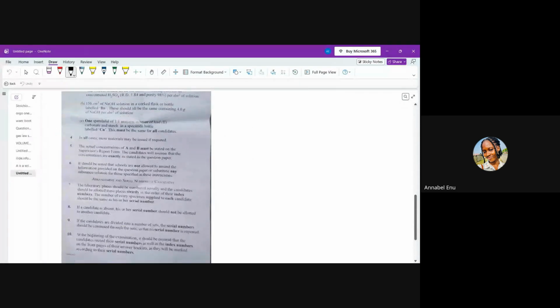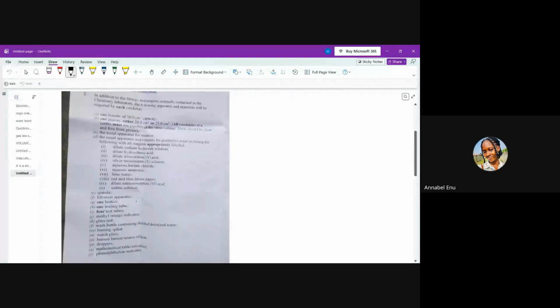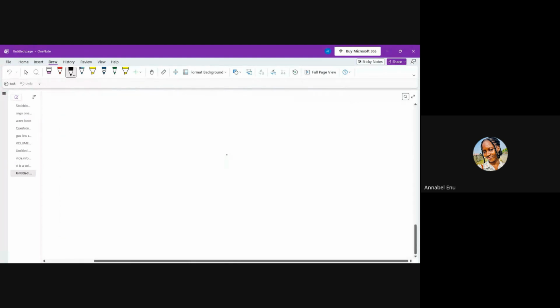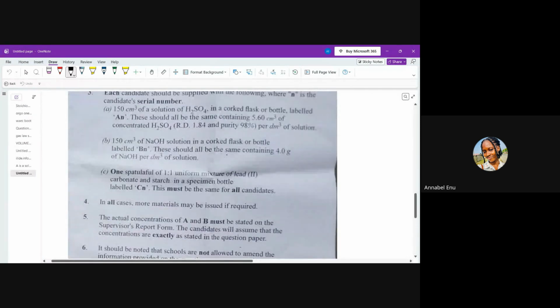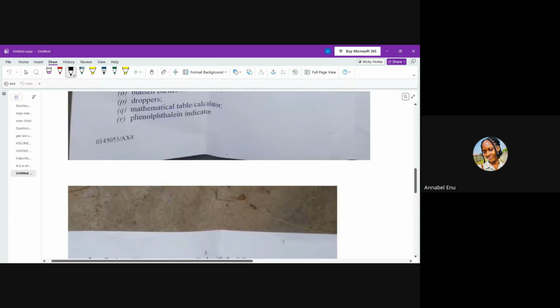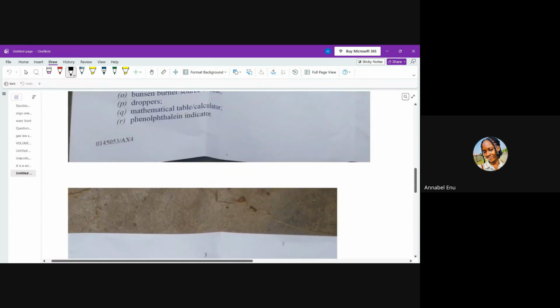Based on the paper, I said your teacher has probably told you 1 or 2 of what you're to be expecting in your examination.